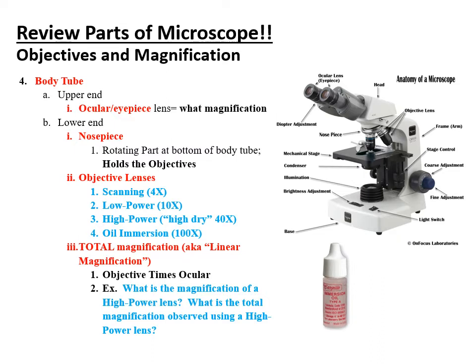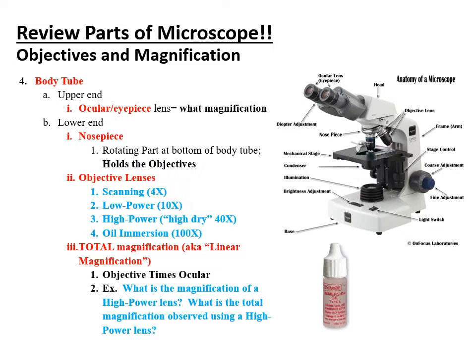Now, when we talk about the ocular lenses, please write that it is a 10x magnification. So when you're looking through these oculars, that gives you 10x magnification. Then you have the nose piece a little further down, and that's that rotating circle which holds the objective lenses. And each of those objective lenses will give you some further magnification. Now, depending on your microscope, sometimes the numbers and parentheses will vary a little bit.